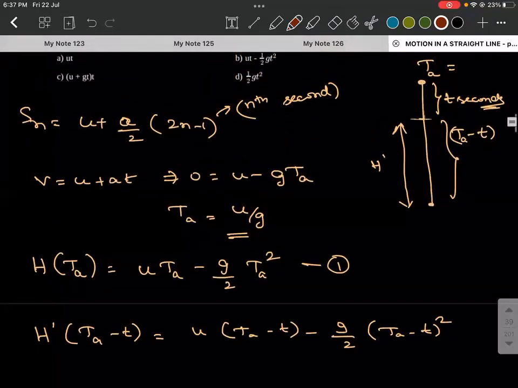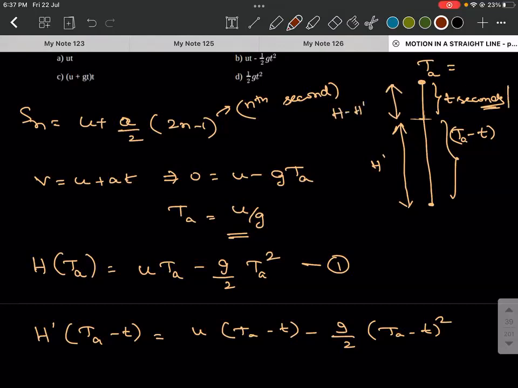So what is the distance they are asking? This is h minus h dash. The whole thing is h, and the smaller part is h dash.